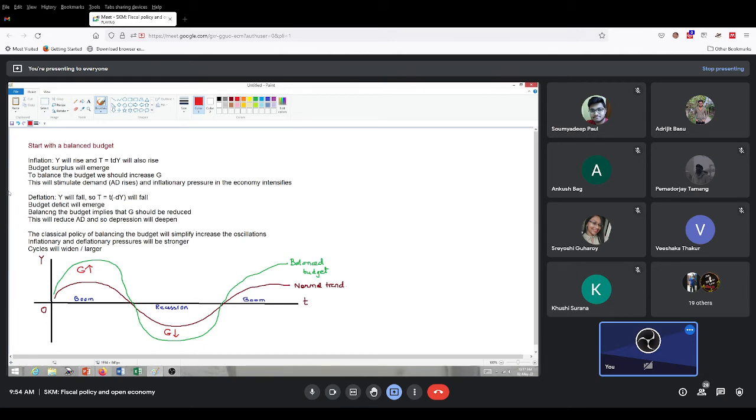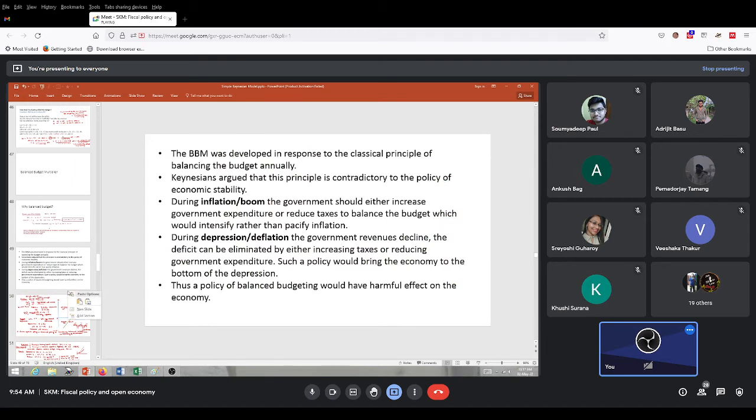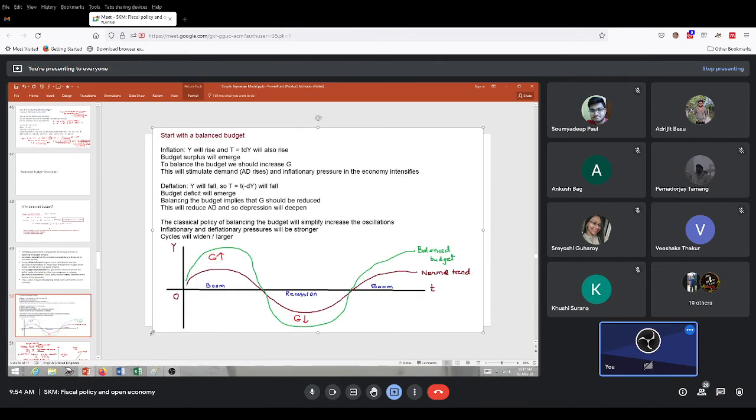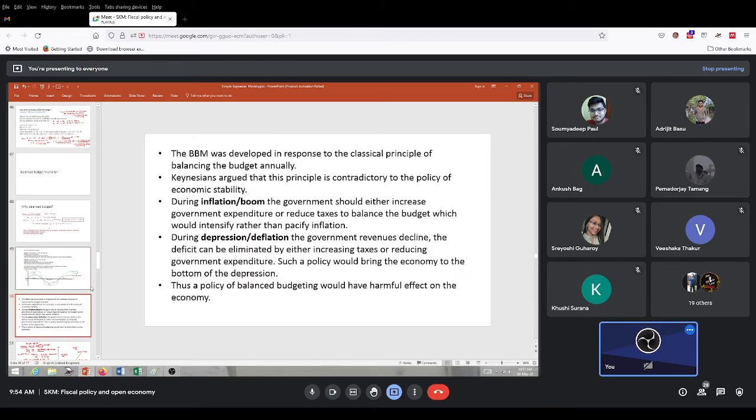So in other words, the Keynesians argued that the classical policy that you should always balance the budget is going to lead to a lot of problems.